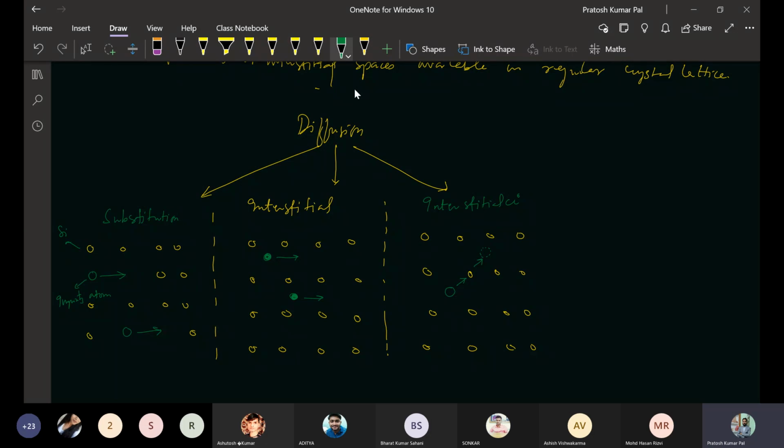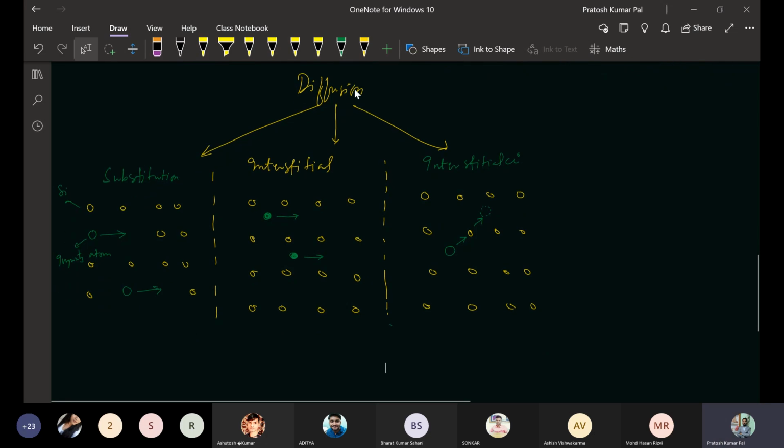But in interstitial C, the impurity atom available in the interstitial space is going to remove the silicon atom in the crystal, and it will be occupied by the impurity atom, and the silicon atom will be pushed to the interstitial space. This is called interstitial C. So these are different types of diffusion.